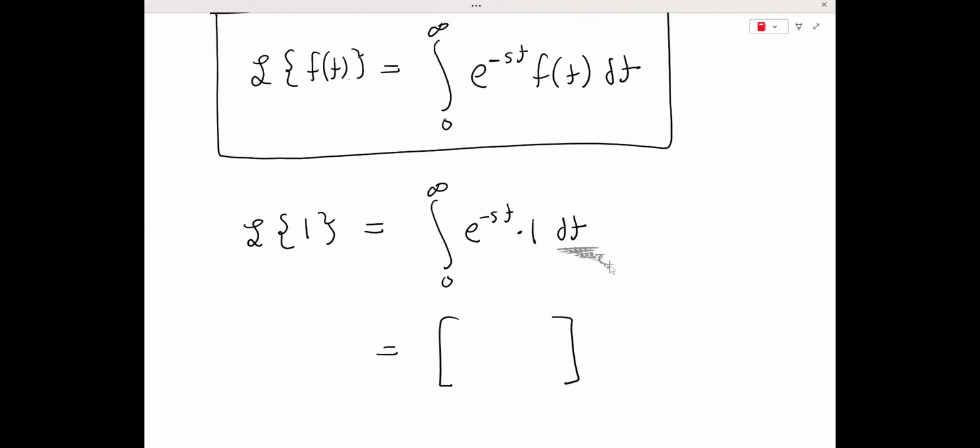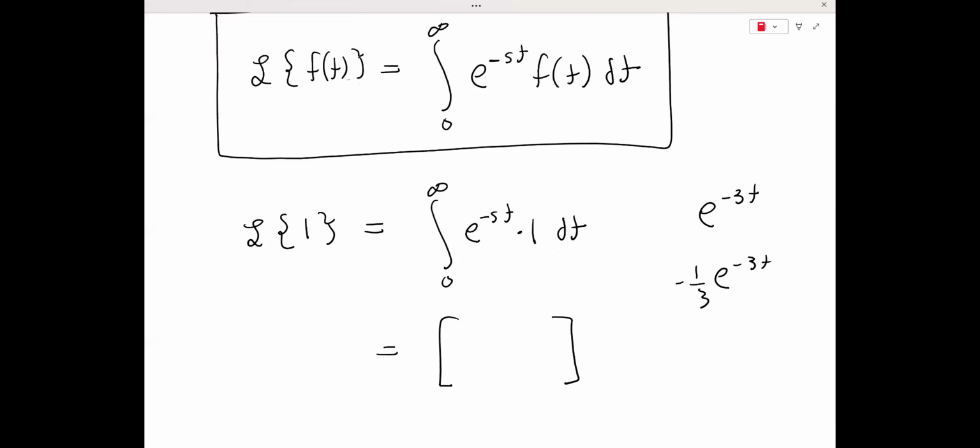So how would that go? Imagine I asked you to find the antiderivative of this. That'd be e to the negative 3t with a negative 1/3 in front.